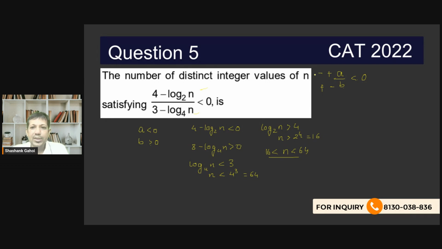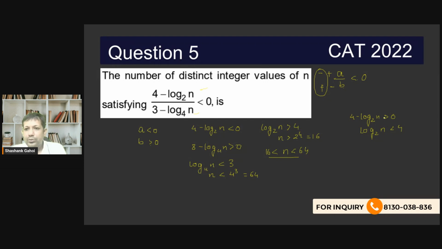So in the first case, we are going to get certain values. How many values we'll count later. Now it is going to be a is positive. It means 4 minus log base 2 of n is greater than 0. It means log base 2 of n is less than 4.